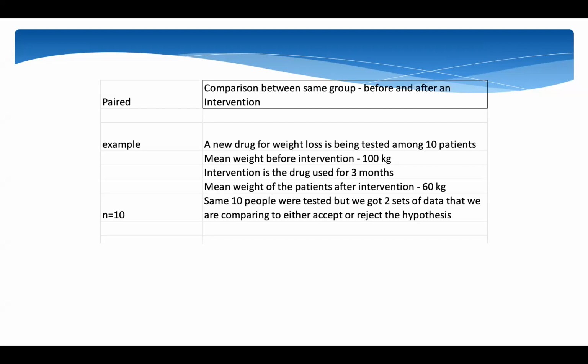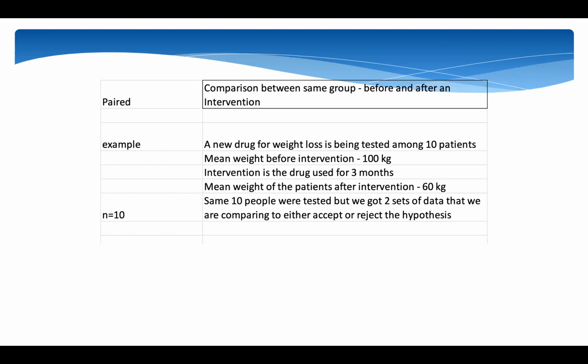The drug is used for about 3 months. After the 3 months, the mean weight of the patients became 60 kgs. That means most of them had a weight of around 100 kgs, and after the drug was used for 3 months, most of their weight was around 60 kgs.